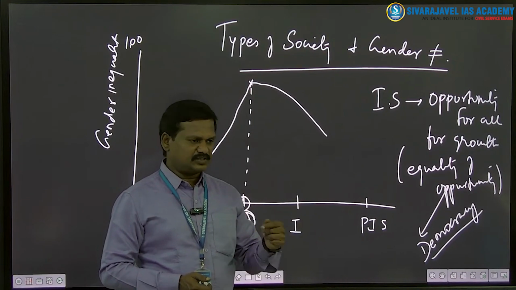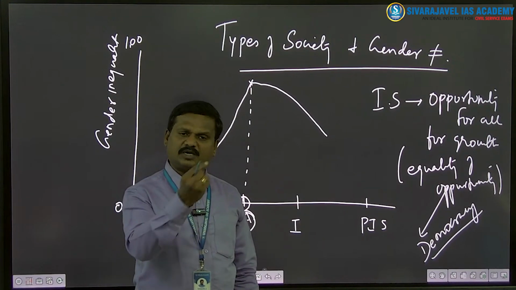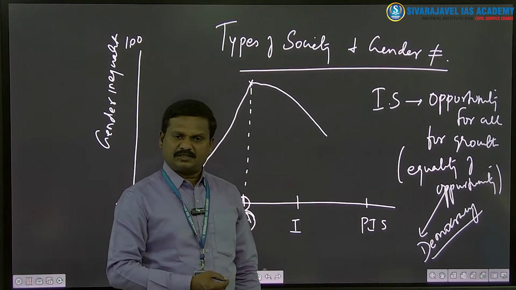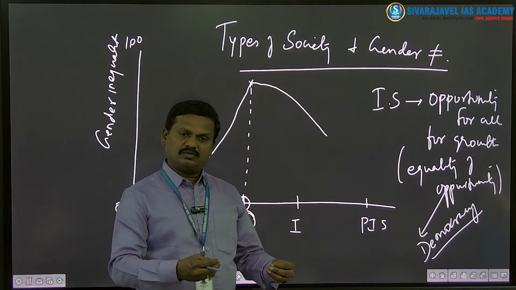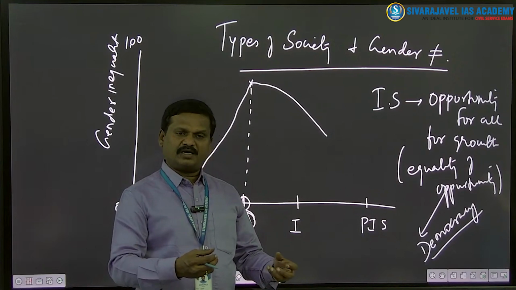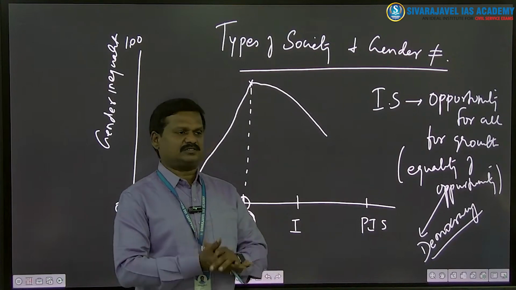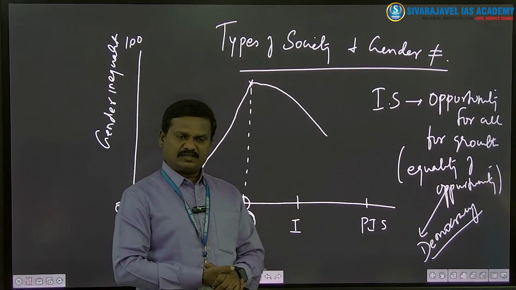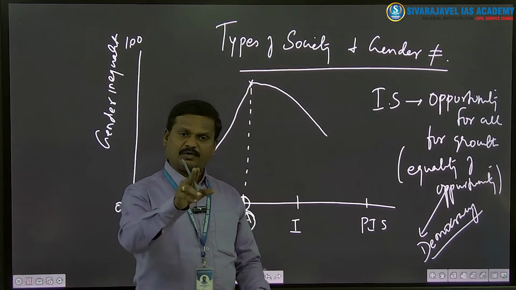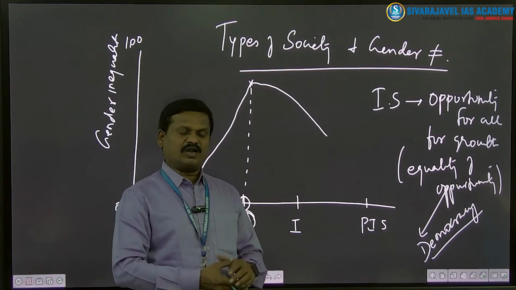You know something, in China there was a one child policy for many years. A Chinese person cannot even make a decision with respect to his family affairs. How many children a person should have is decided by the government. You can have only one child; you can't have a second child.